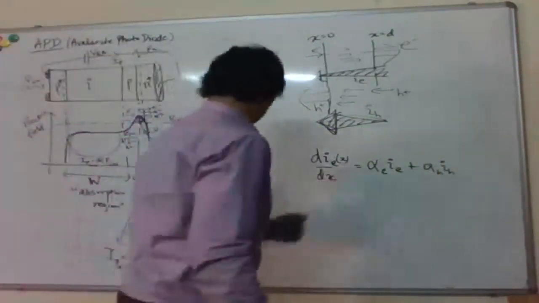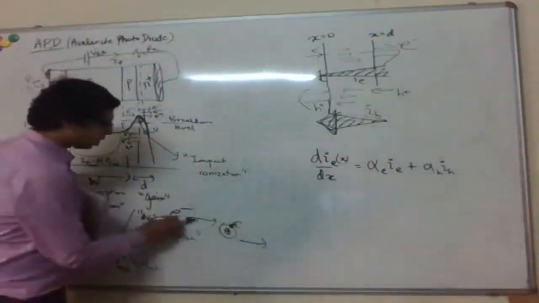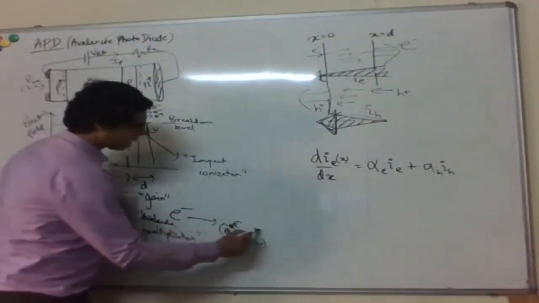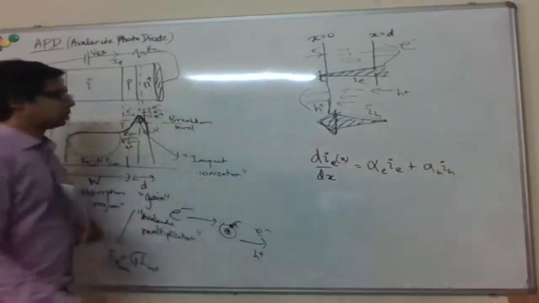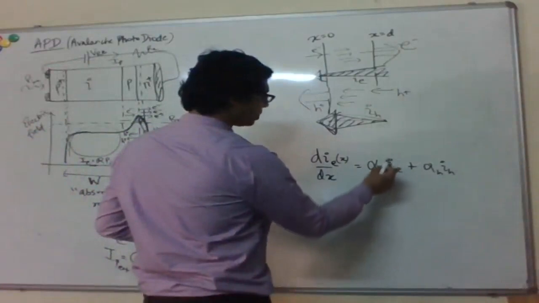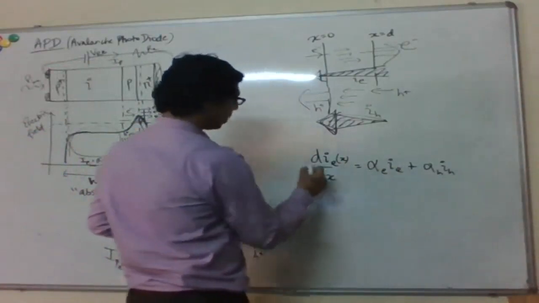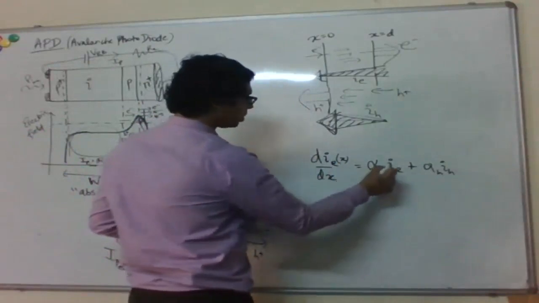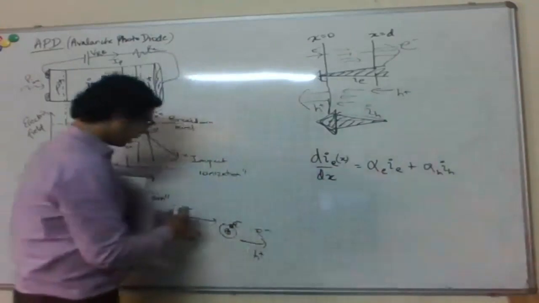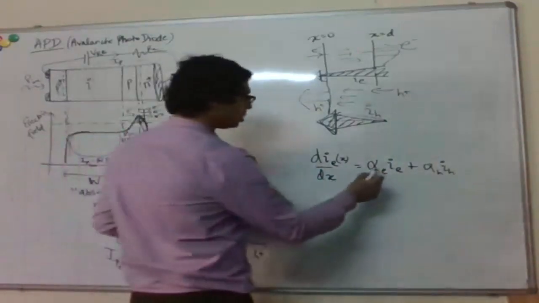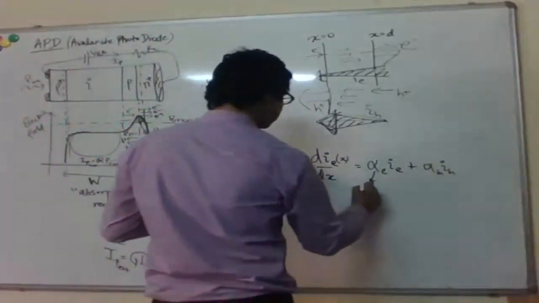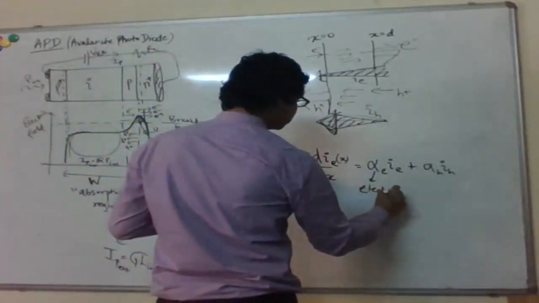One is, as I said, you could have an electron causing ionization of an atom, so an electron creating an electron and hole pair. That is denoted by this first term, right? So you have some electron current incident, which creates more electrons. So dI_E/dx is proportional to I_E. That's electrons causing more electrons.